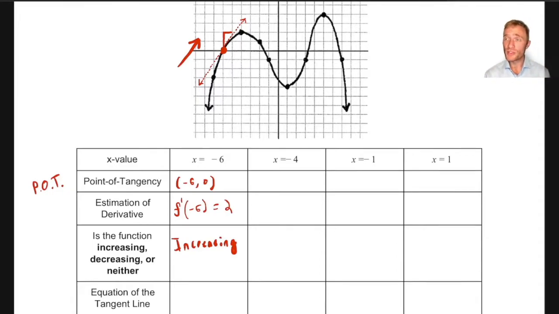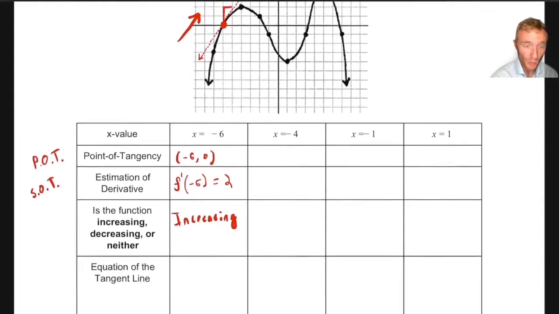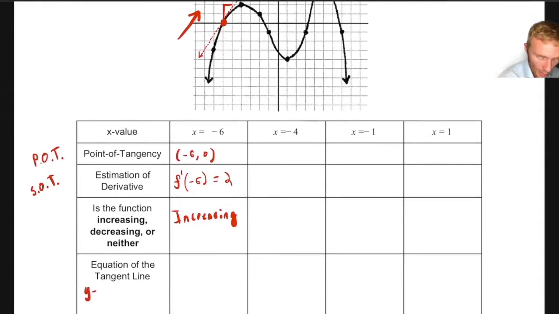Finally, the equation of the tangent line, point-slope form. We have the point of tangency. We have the slope of the tangent line. If you have those two things, you can put a line in point-slope form. So again, point-slope form: y minus a y coordinate is the slope m times x minus an x coordinate. All we need to do here is plug this in. This is the easiest thing when you have a point and a slope.